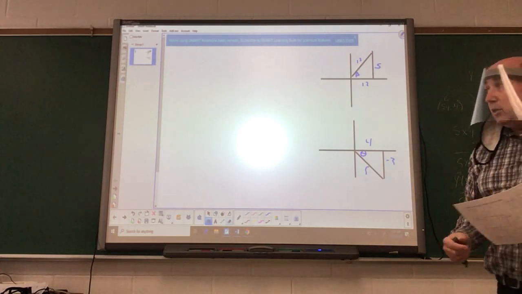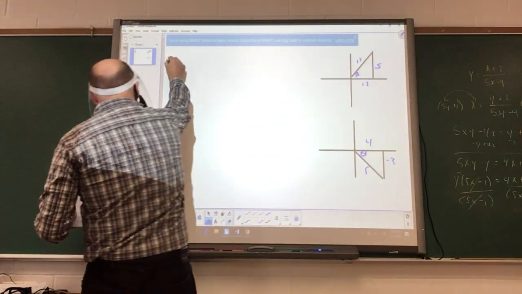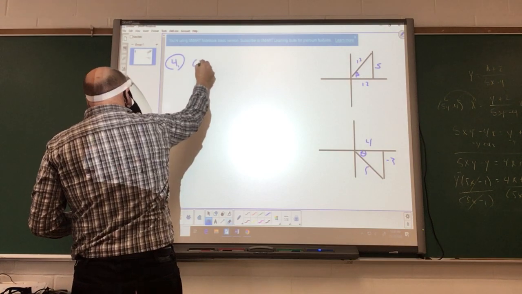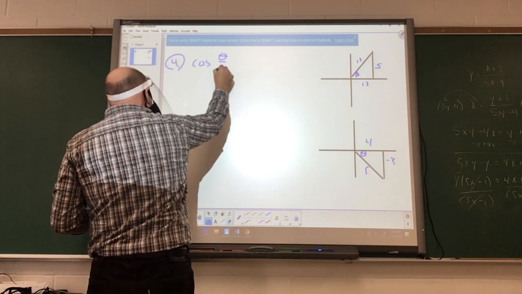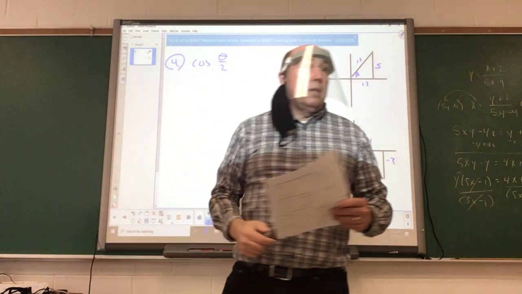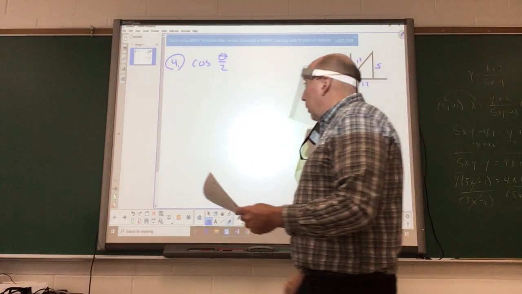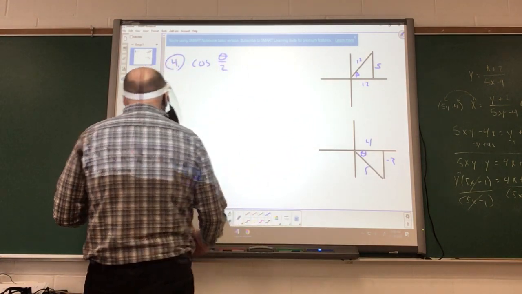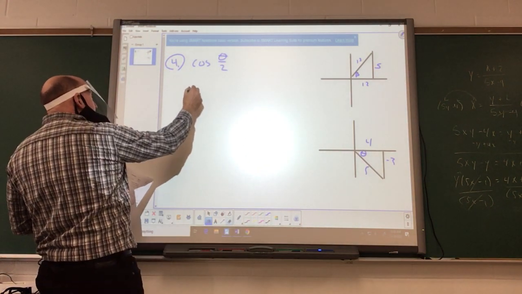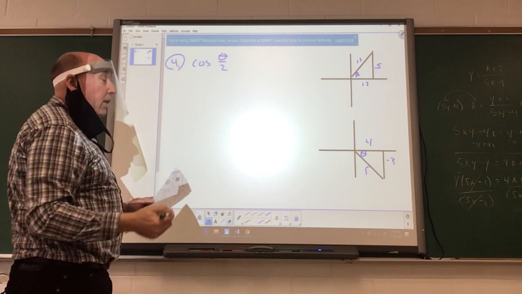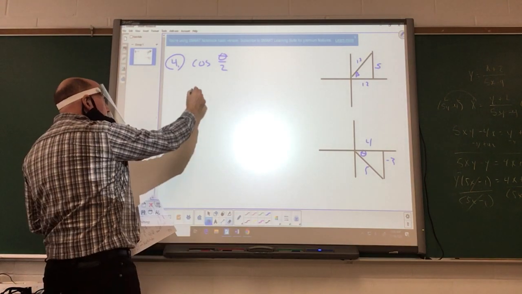Cosine theta divided by 2. We have a half angle here. So we have to go to our sheet to get our half angle formula and expand it out. That's the first thing we're going to deal with: expanding out cosine of x divided by 2, or theta divided by 2.